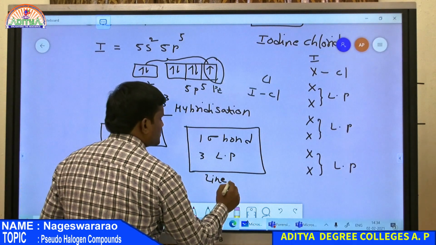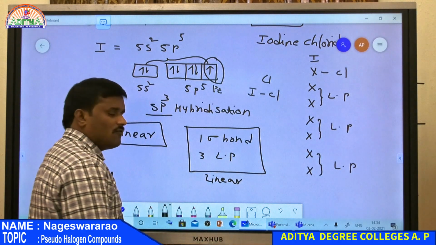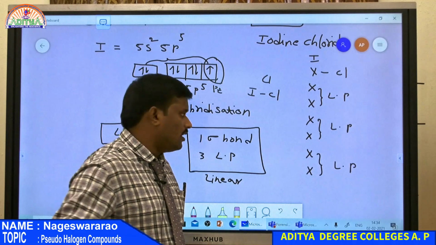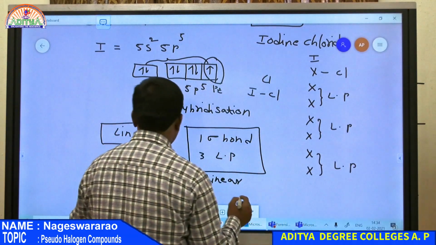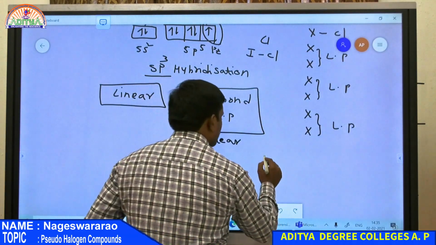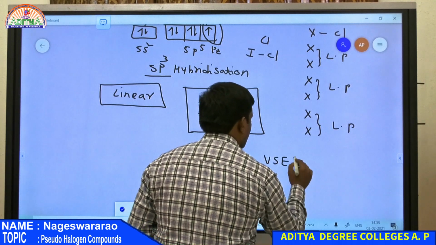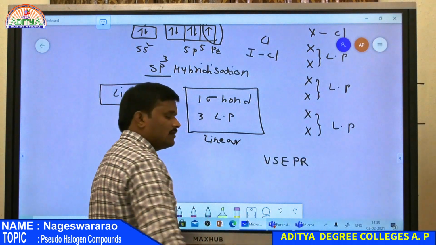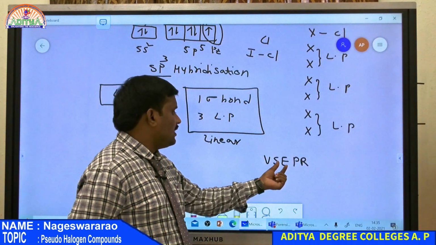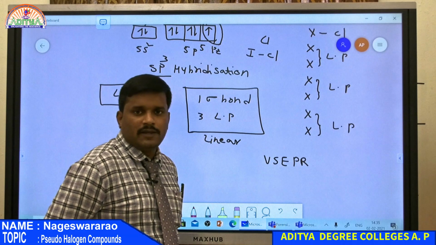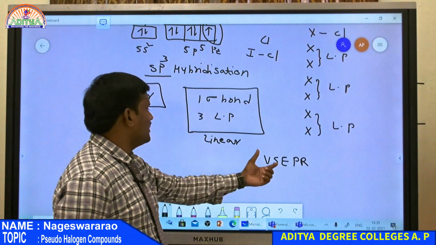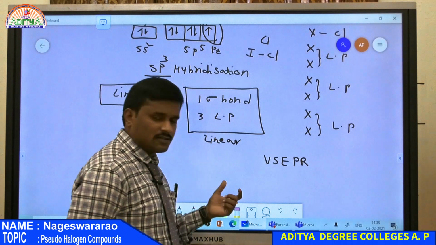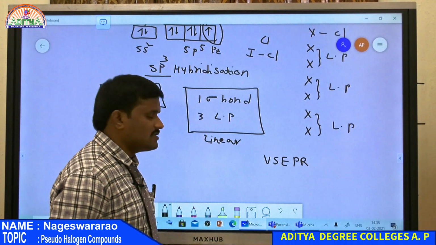This is according to VSEPR theory, the valence shell electron pair repulsion theory. According to this theory, if a compound has 1 sigma bond and 3 lone pairs of electrons, then its structure is linear.